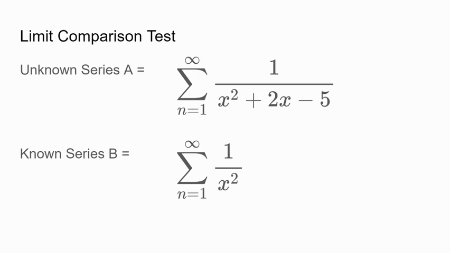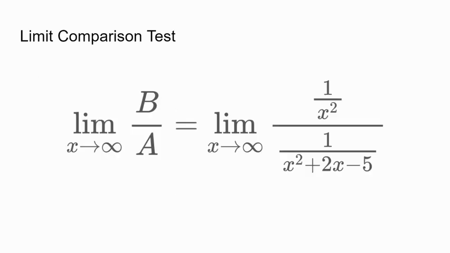So let's begin by picking a similar series for B, just like what you did in the DCT. But this time, we're going to divide one series over the other. In this case, I will divide B over A. Then, we will get this fraction's limit as x approaches infinity.